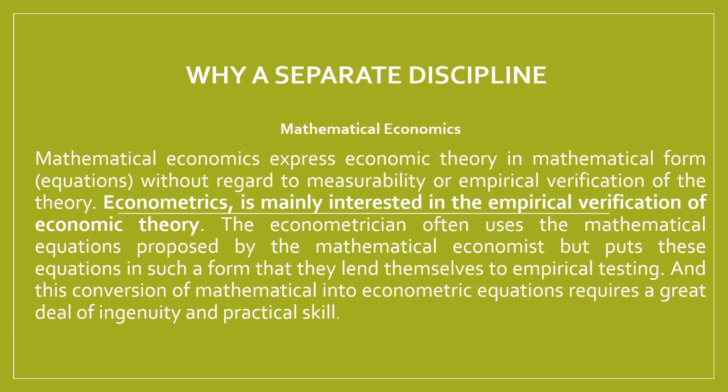Here the relationship is that economic theories can be converted into mathematical form, but this mathematical form or these equations cannot be used for empirical verification. For getting a numerical value we use econometric models, and the empirical content is given by the econometrician, who uses the help of mathematical equations for deriving the econometric model.